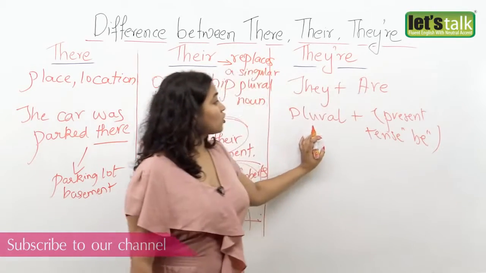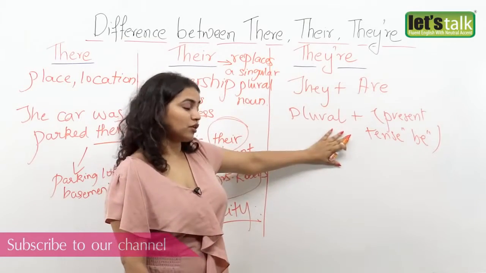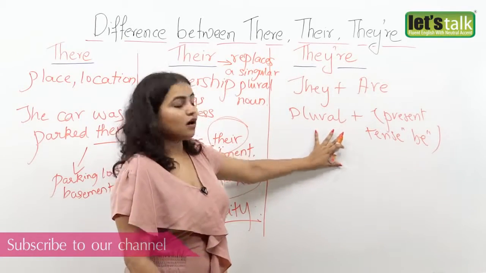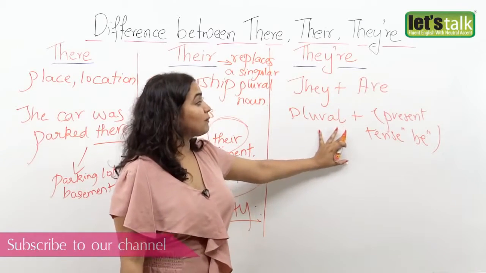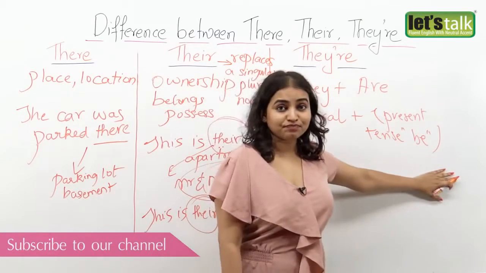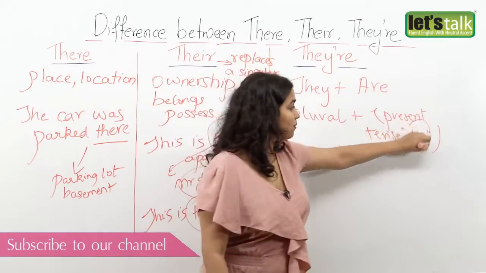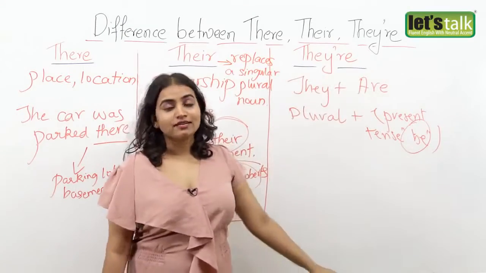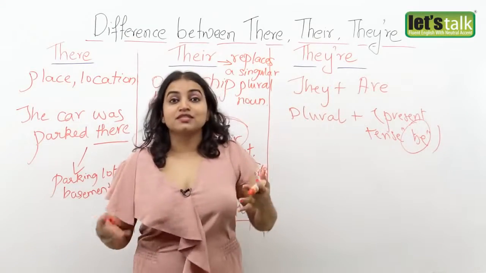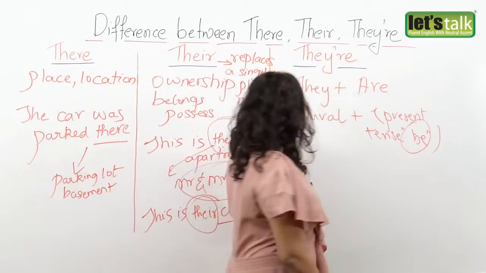So when you are talking about a plural, people or things, and you are talking about something in the present, as far as the verb be is concerned, you will use the word they are. So that's how it's pronounced as there.